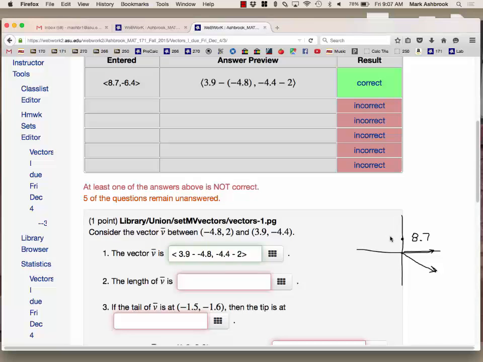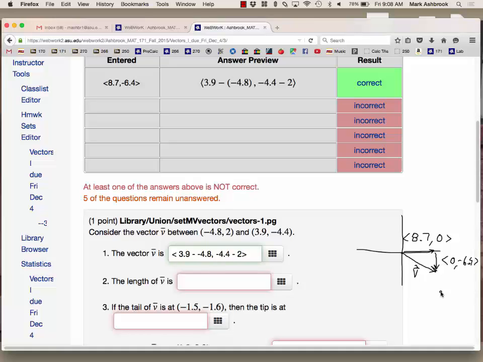So this is like 8.7 comma 0. That's the x component vector, and then 0 comma negative 6.4. If we were to add those together, we would get our vector, right? Our vector v.